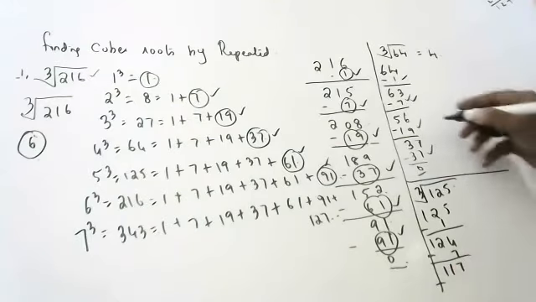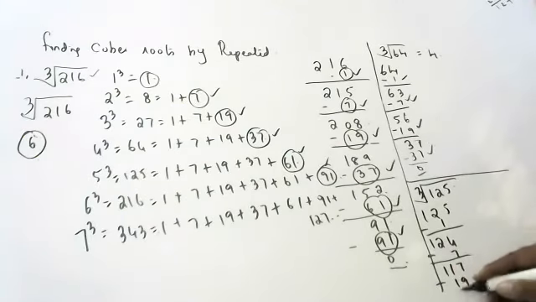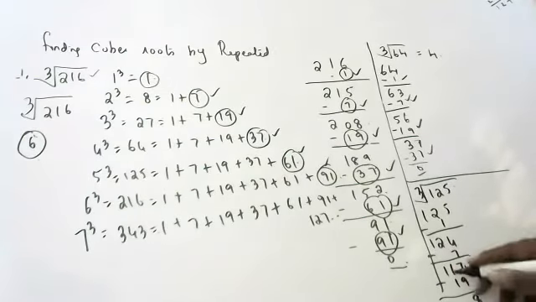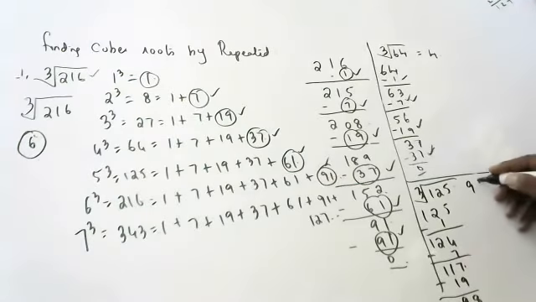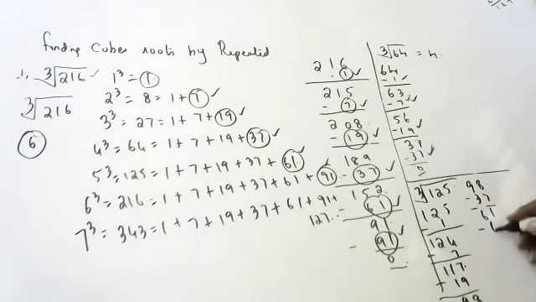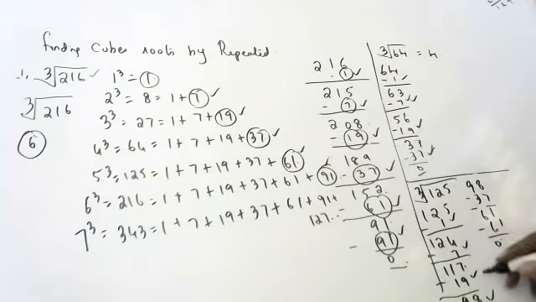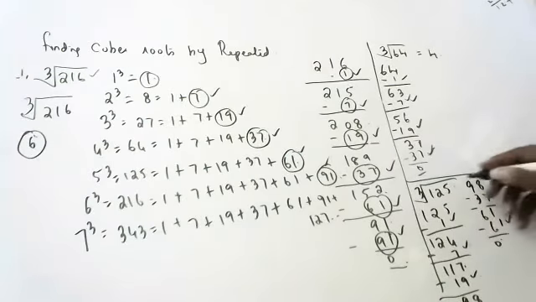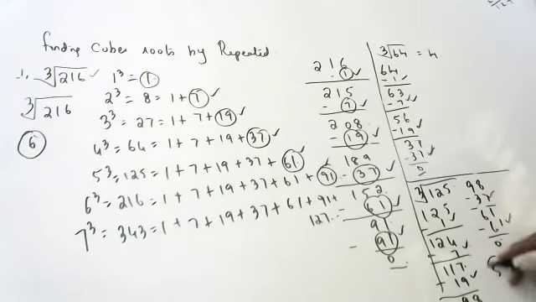Minus 19 is 98. 98 minus 37 is 61. 61 minus 61 is 0. So 1, 2, 3, 4, 5. The cube root of 125 is 5.